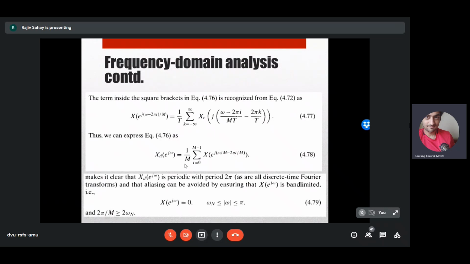Okay. So x_t e to the power j omega is periodic with period 2 pi because it is a DTFT. So all DTFTs are periodic with 2 pi. And aliasing can be avoided by ensuring that x_t e to the power j omega is band limited. So x_d e to the power j omega, the bandwidth expands as compared to x e to the power j omega. So aliasing is an issue. So we have to ensure that x e to the power j omega is band limited.